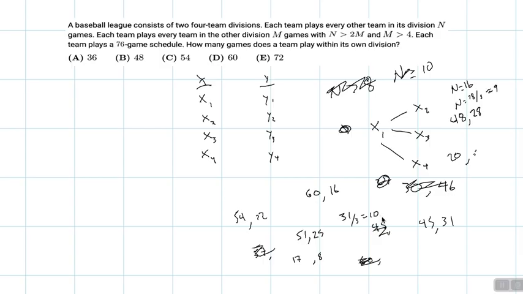Like, yeah, no, I don't know why I was stopping at 20. Let's just say, what if this were 21? Or rather, looking at the answer choices, 72. 20 games against each of the teams within its own division yields 60 games within its division. But looking at this 72, 72 divided by 3 is 24.